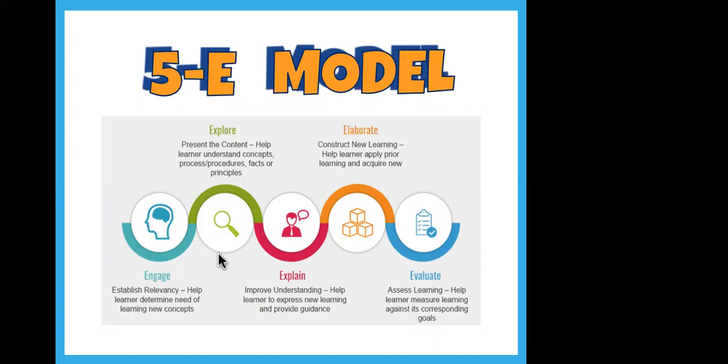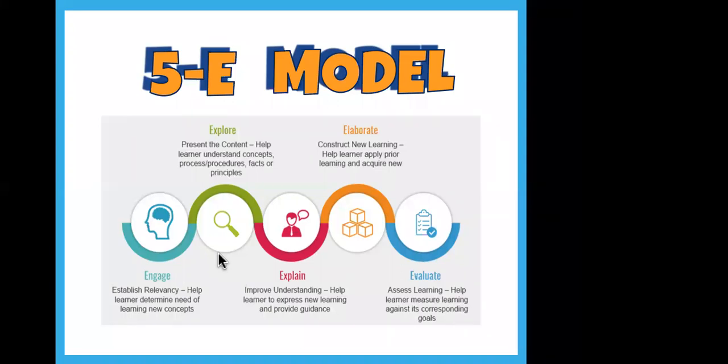Then we move on to the explore. During the explore, our students are really getting an experience with the content. It could be through maybe a hands-on activity or some kind of experience. And I'll give you several choices right now on how to adapt this to a distance learning model that everybody is encountering. Then we move on to the explain, where the students let us know what they are learning, either orally or through writing.